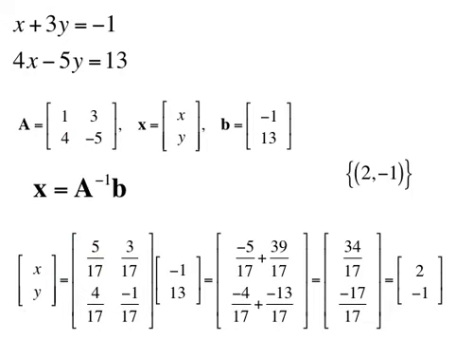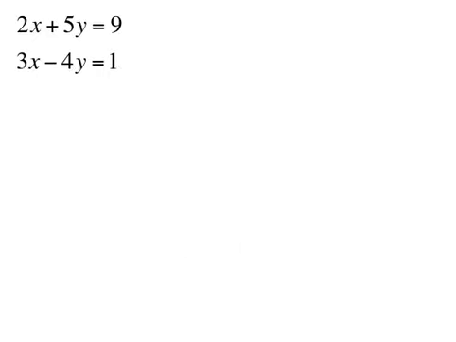So we consider our solution to be the point (2, -1), and I use the curly braces because it's a set of solutions. It's a set that only has one value, but that indeed is a solution set for this system of equations.